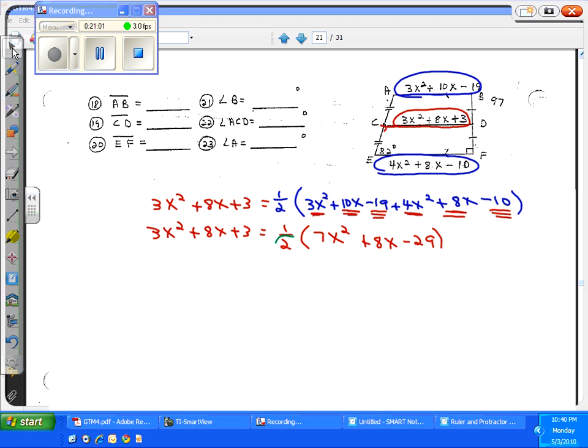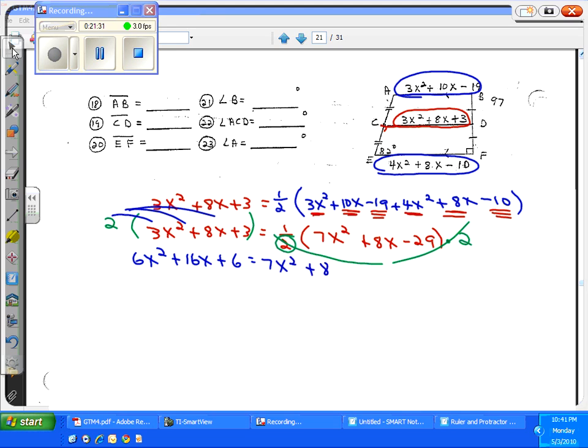Now, we don't like that denominator, and if we distributed the half, we would get fractions, and we don't want to deal with that. So we're going to multiply through by the denominator 2, which will eliminate that fraction situation. But over here, we have to distribute it. So we're going to have 6x squared plus 16x plus 6 is equal to 7x squared plus 8x minus 29.